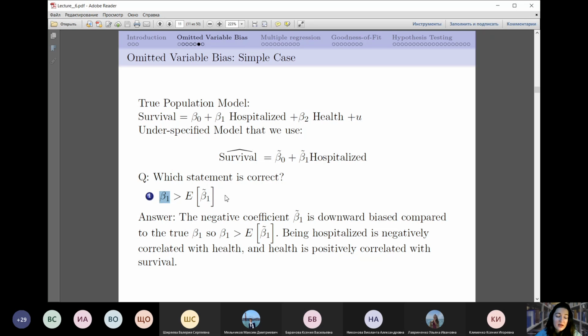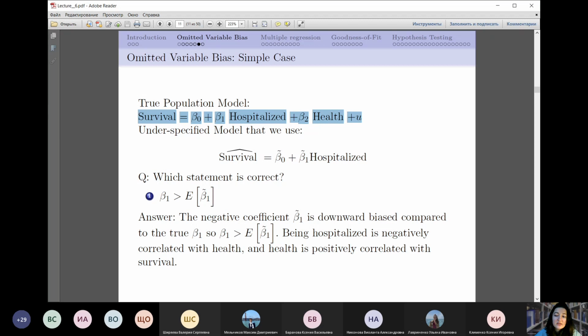The true population coefficient will be greater than the expected value of our estimated coefficient. Again, I want to repeat that in this case we have a negative or downward bias. The ordinary least squares estimates from the simple regression, instead of the true model, are on average too small compared with the true population model.